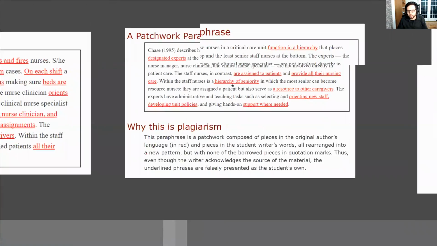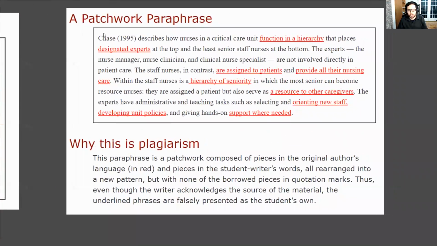This is a kind of plagiarism, because the structure and a lot of the content of this work, even though it's cited directly, is being presented as the student's work, even though it's not their own work. The whole structure of this paragraph is based on the work of Chase, but it's presented as the student's own work. So that's not legitimate.